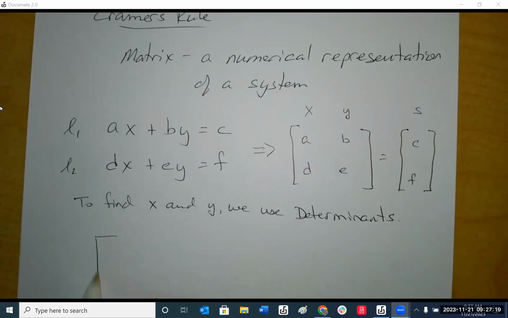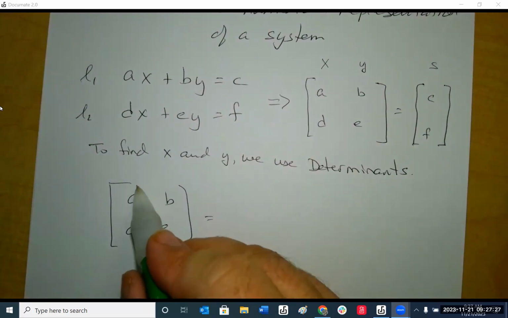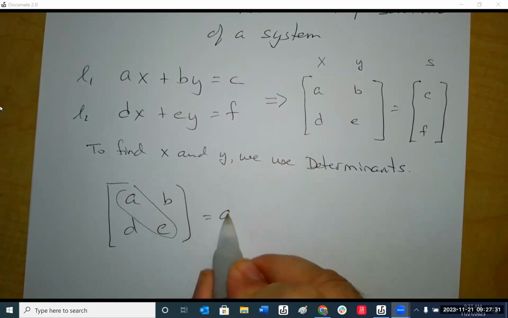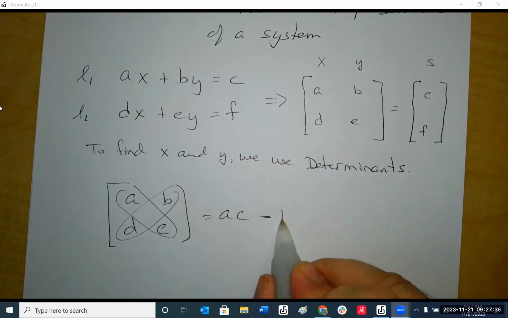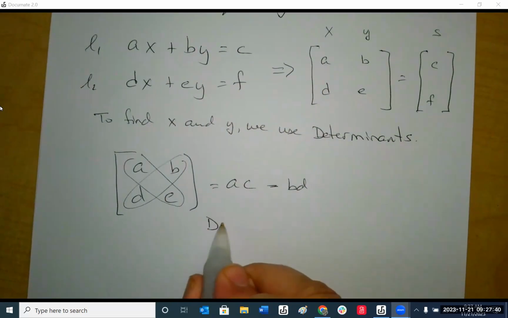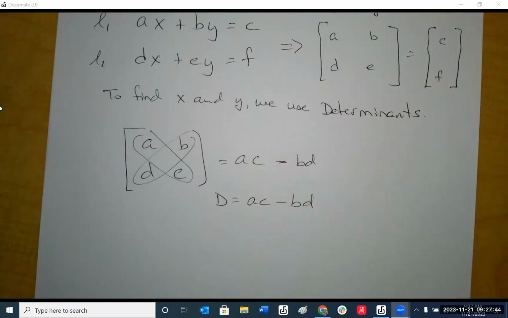A determinant, A, B, D, E, is simply multiply those two together first, minus that. So that's the determinant, D. AC minus BD.